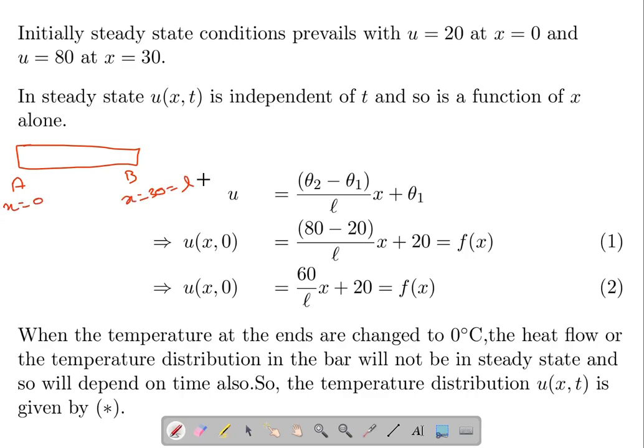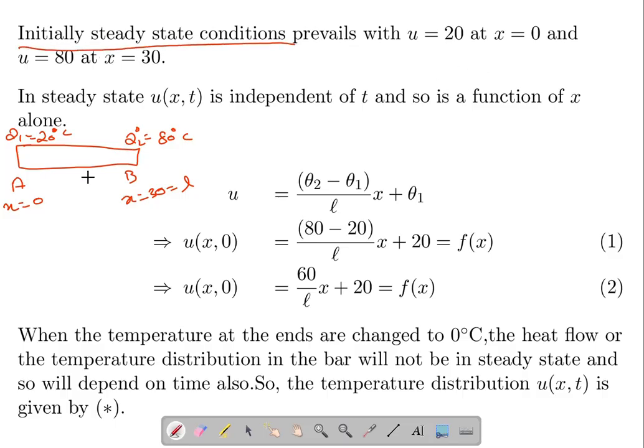That is, we are choosing the length of the rod as 0 to L, where L is nothing but 30. So initially, theta 1 is equal to 20 degrees Celsius and theta 2 is equal to 80 degrees Celsius. That is the initial steady state condition.